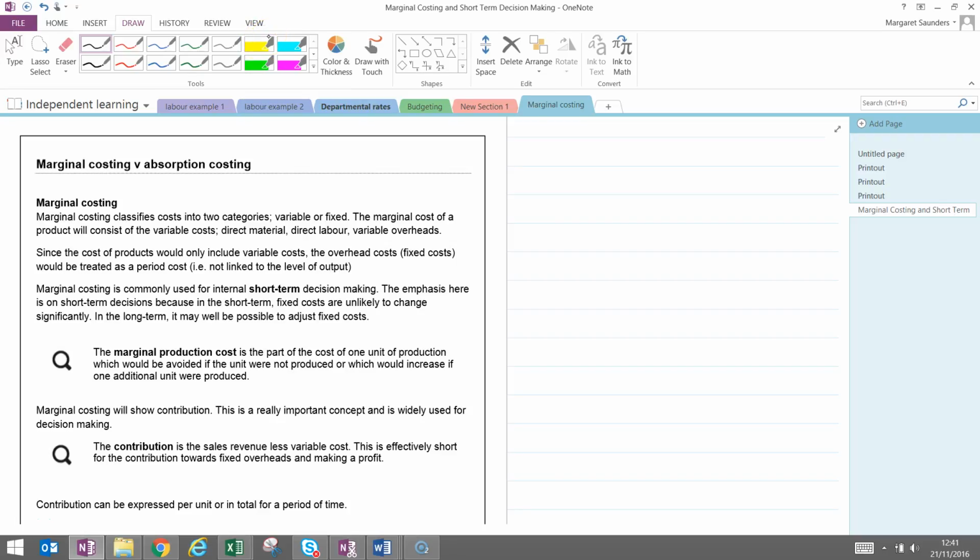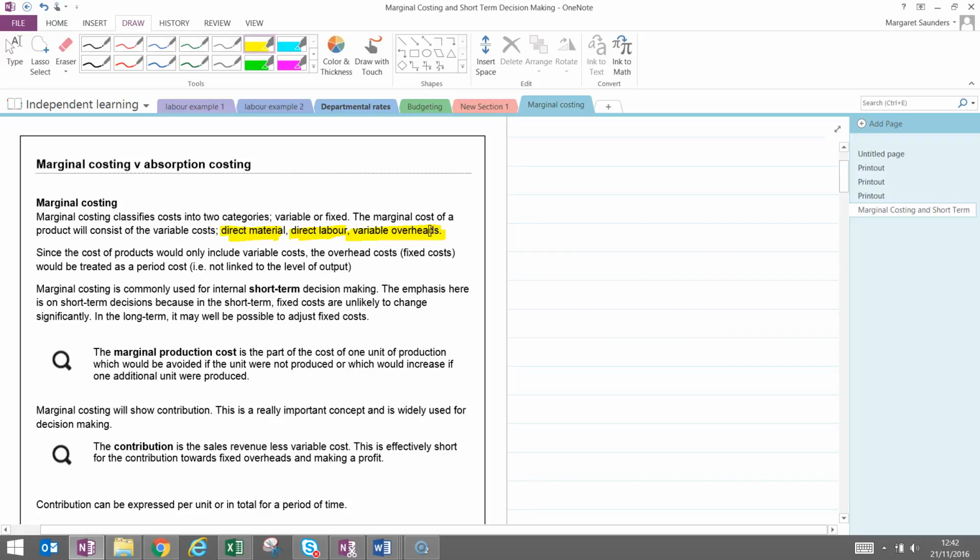And when we talk about the marginal cost of a product, we are talking about the variable costs, with the variable costs of a product being direct material, direct labour, and the variable overheads. The fixed costs are treated as a period cost. This means that they are not absorbed into the cost of the product.